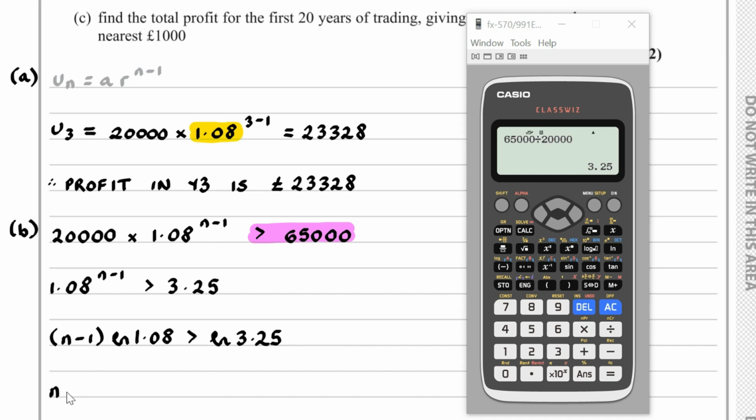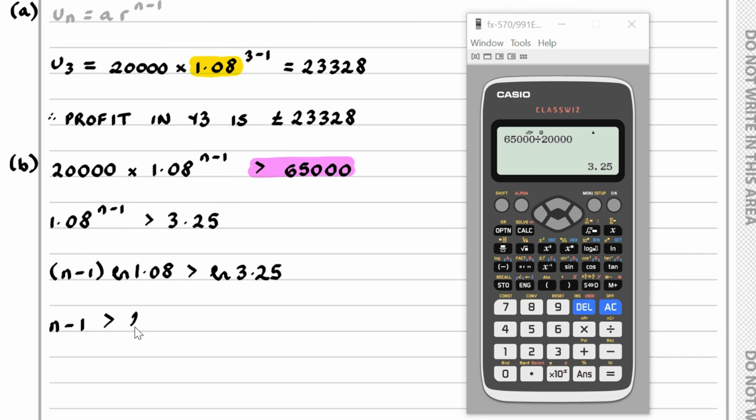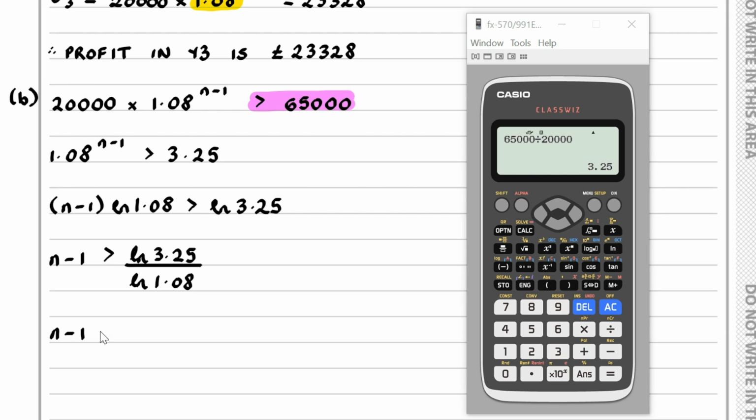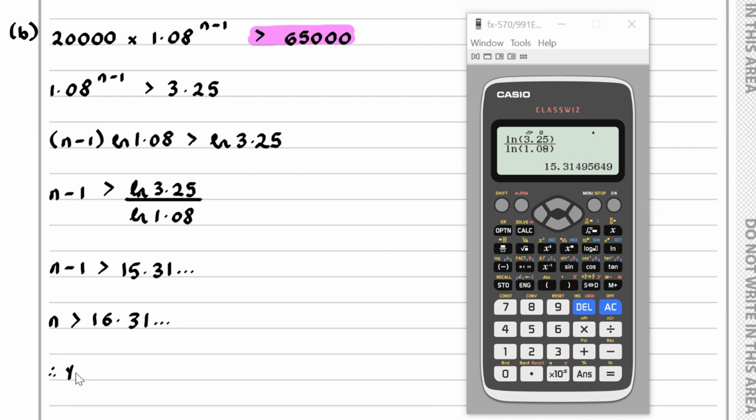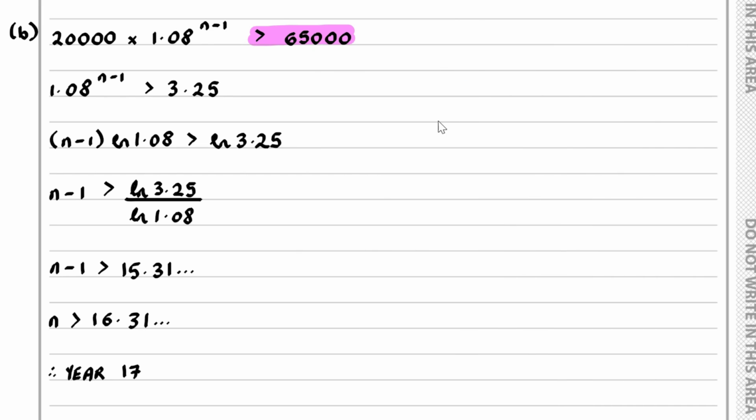So n minus 1 is greater than the natural log of 3.25 over the natural log of 1.08, which is 15.31, etc. N, of course, is greater than 16.31, etc. So therefore, we would have year 17 in which the profit exceeds £65,000.